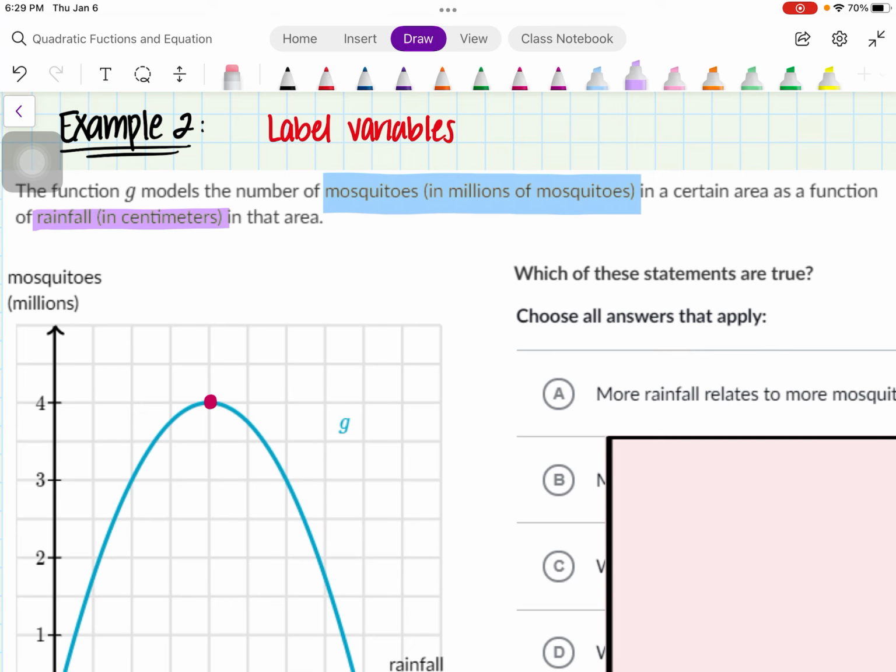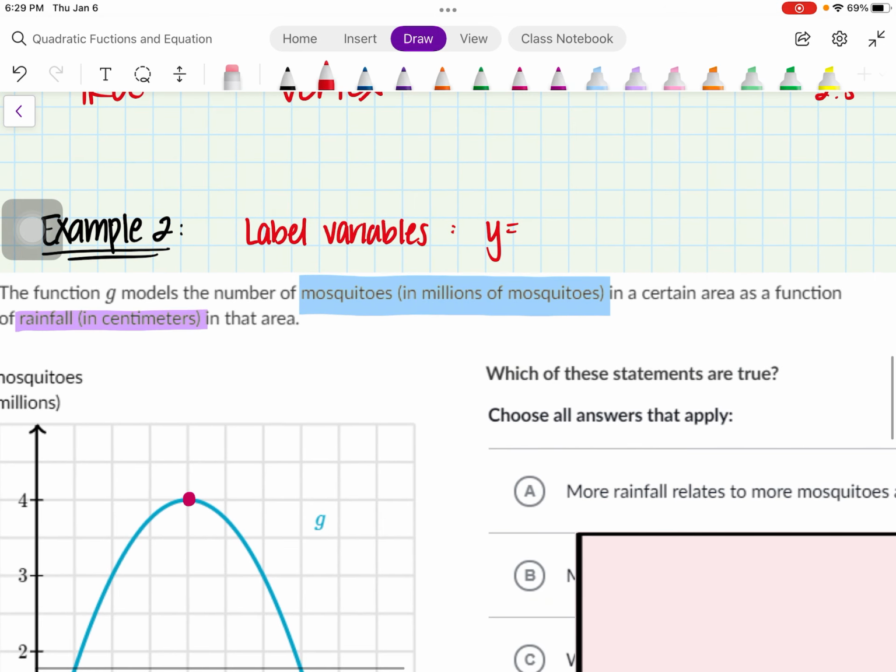All right, now here's where I mentioned, guys, that whenever it comes to identifying x and y, y is always going to be the bigger amount of units. In this case, we have millions of mosquitoes over centimeters. Bigger amount in this case is the millions. So our y represents the millions of mosquitoes. Let me just do that again.